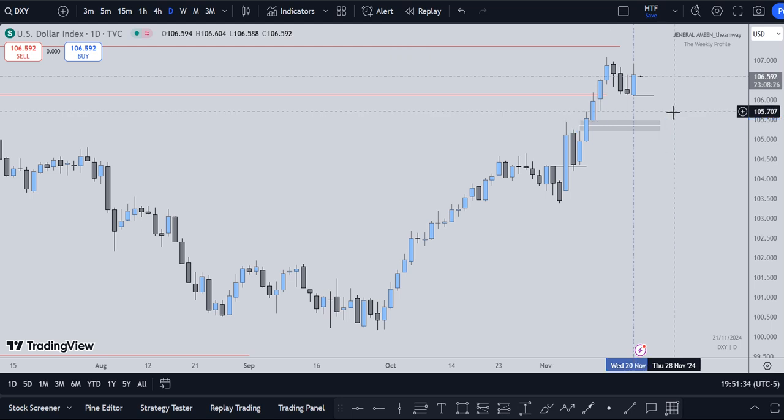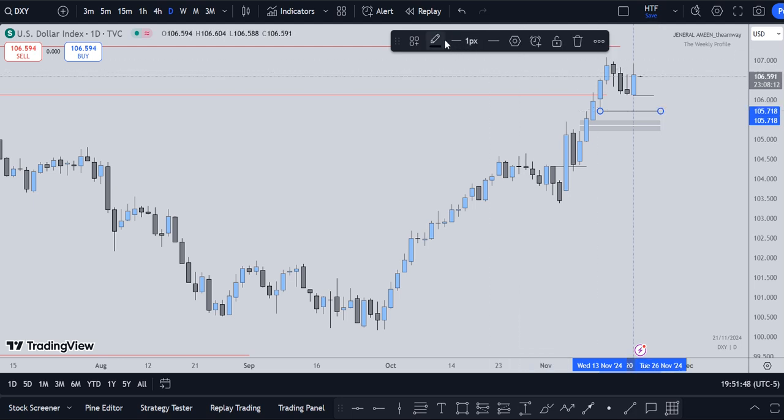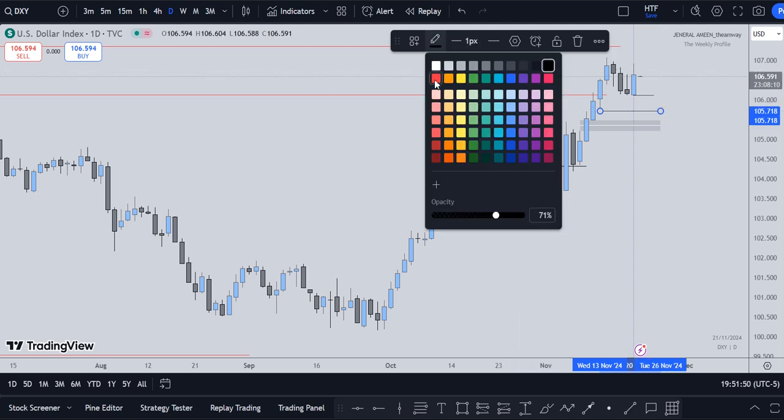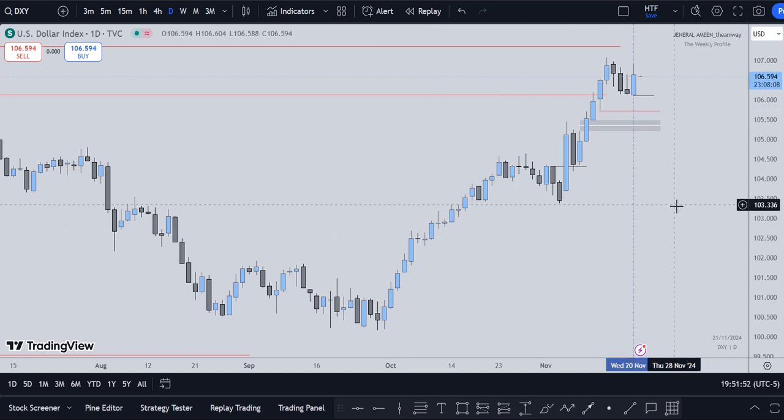So if price is going to come back into the range, perhaps this is an area to look out for, right? Also, there's a low hanging out here, which could also be used as a liquidity level.